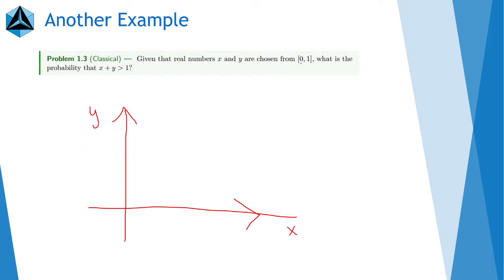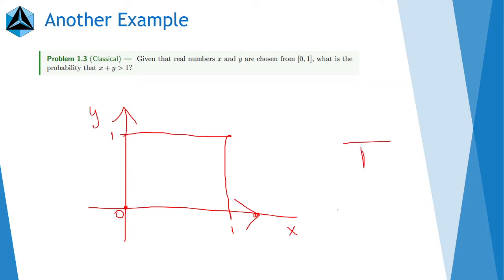We know that x and y are chosen between 0 and 1, so this is going to be the origin, and I'm going to put a 1 here. This square right here represents all the possible pairs of x and y that we can choose, just like the number line represented all the values of that random number. This represents all the possible values of what x and y could be. So this is the area of our possibility, and it's a square with area 1.